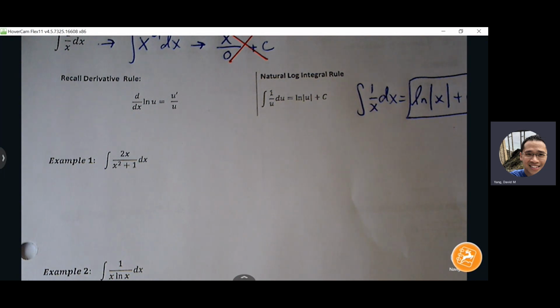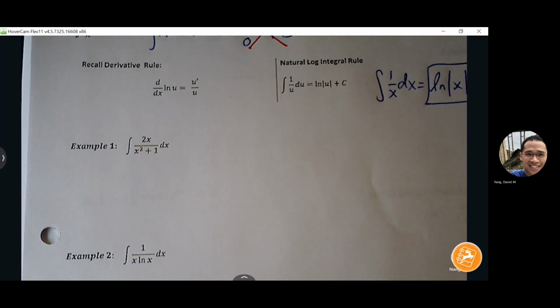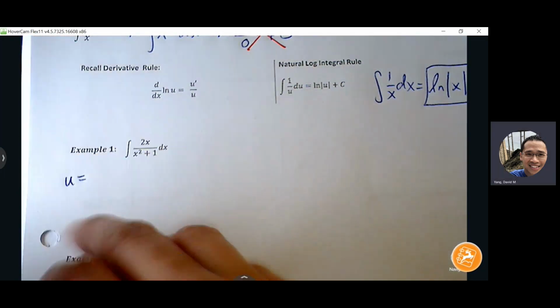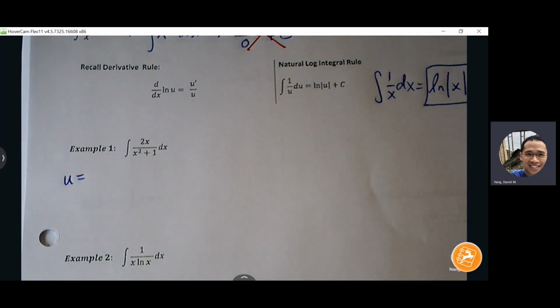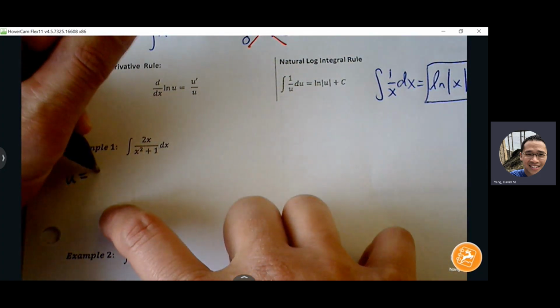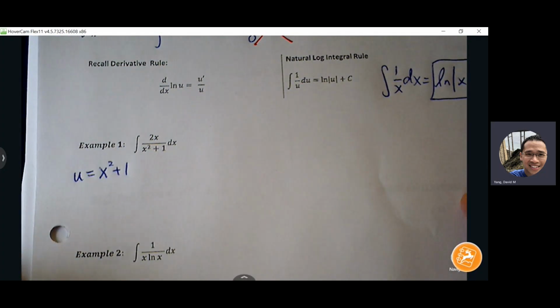Okay. So what could be a u value that we could use? If you had to guess. Yeah, it's going to be the entire denominator, x squared plus 1. Usually we want our u value to be a significant portion of the problem. And if we let that entire denominator be x squared plus 1, that should help clean up and sort out our problem.